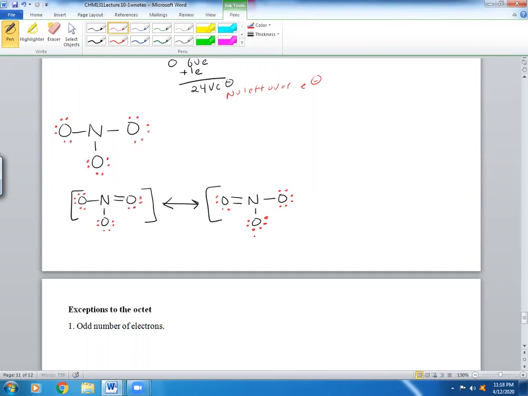Okay. Am I done, or can I draw, by the way, there's a negative here. Or can I draw a third one? Yes, we can draw a third one where the double bond is down there.